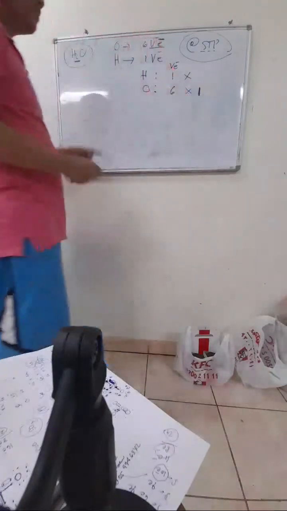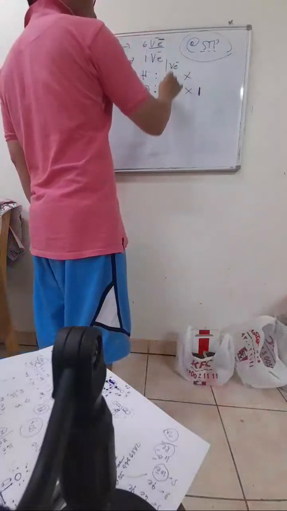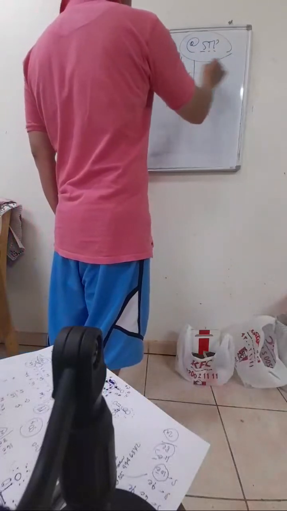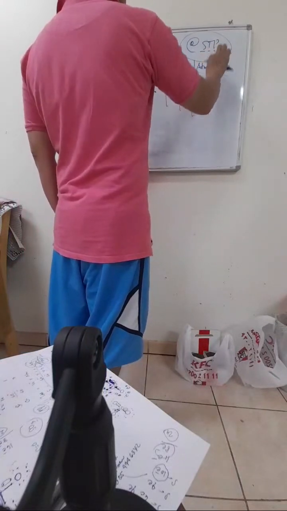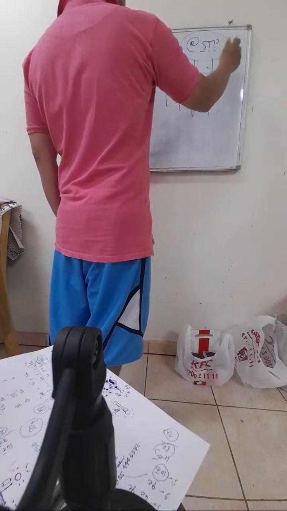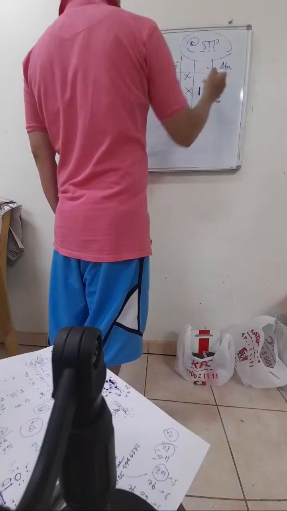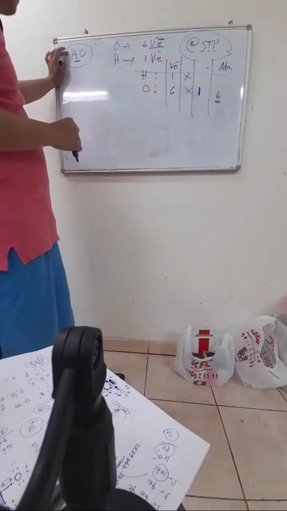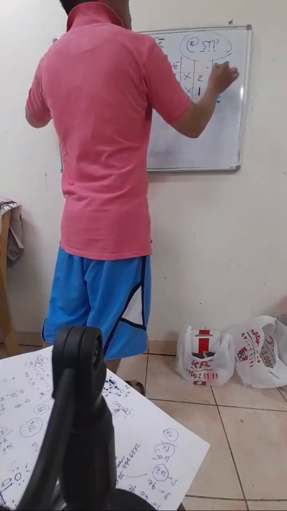So, 6 times 1. So, if you have the valence electrons here in your first column, in your second column will be the atoms. So, your atoms will be 6 atoms. Now, for hydrogen, valence electrons, 1 times 2 because of the subscript. So 1 times 2. This is 2 atoms.